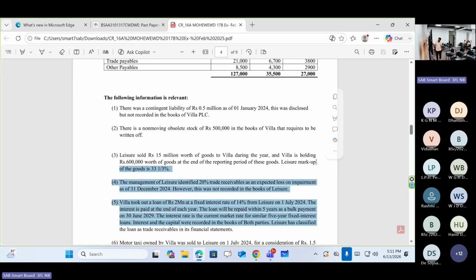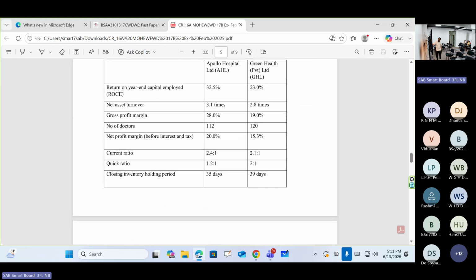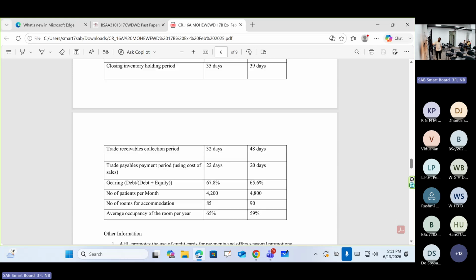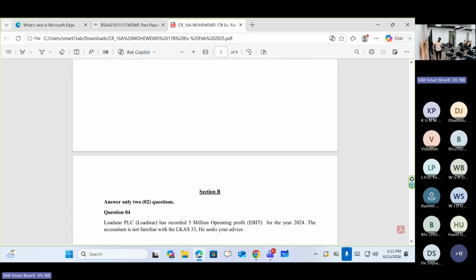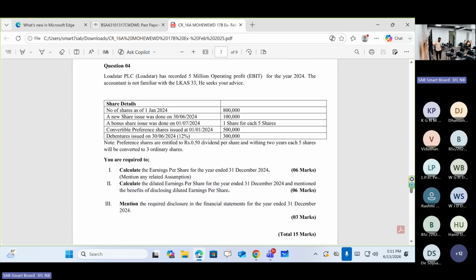And here, ratios are given and you need to interpret them. Earnings per share.